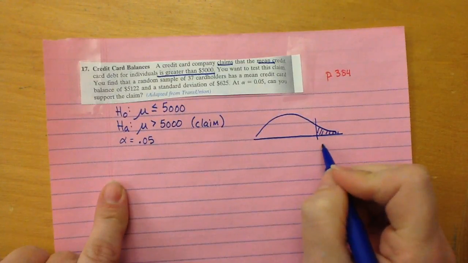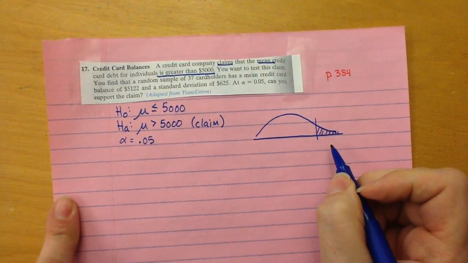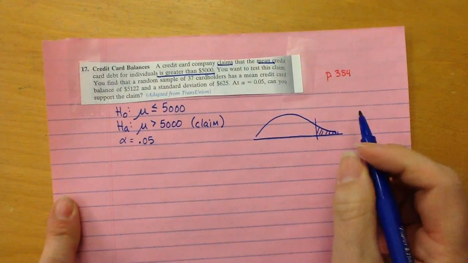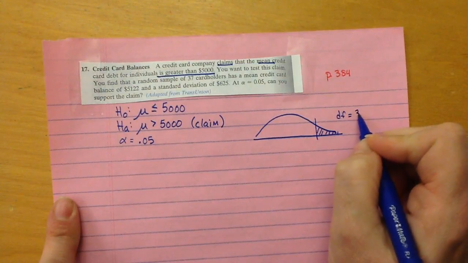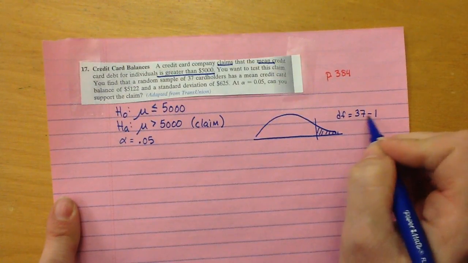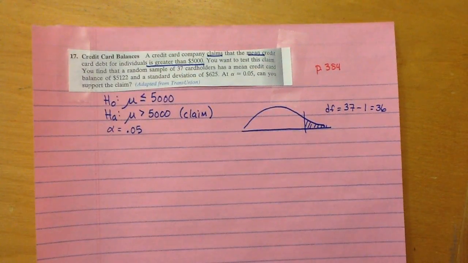I've got to figure out my t-score based on my degrees of freedom and look stuff up in the table. So my degrees of freedom is my sample size, 37, minus 1. So degrees of freedom is 36, and I have a one-tailed test.